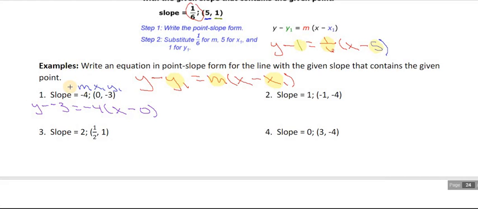Now, there is one thing that we do need to fix here. We have it in point slope form and we want to leave it in this form. However, I do have 2 negatives right next to each other. So this needs to be fixed and we need to write our final answer as y plus 3 equals -4 times x minus 0.